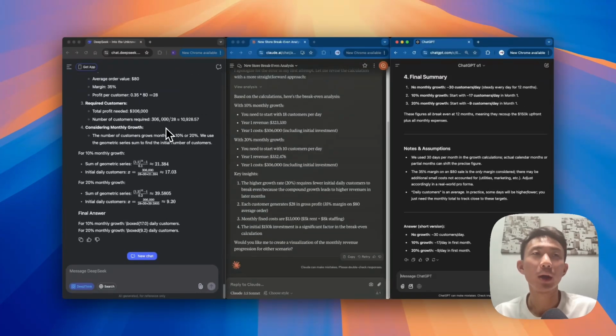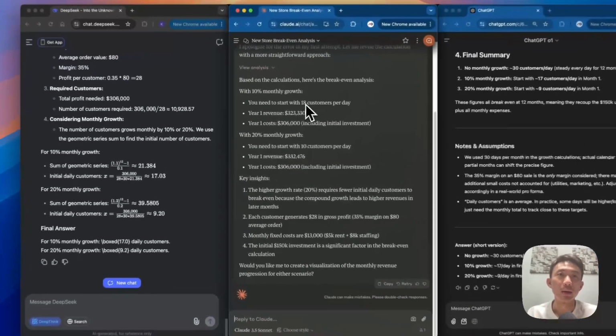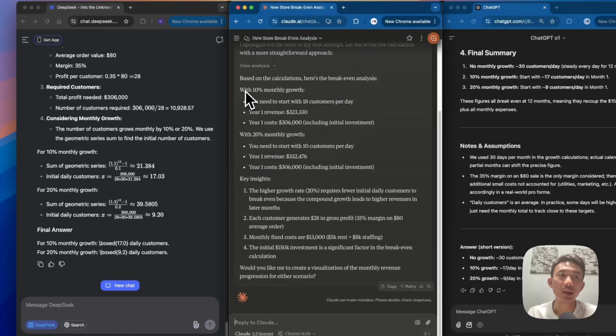Right, we got all the answers from DeepSeek and Claude and GPT-o1. Basically, the answers are all the same, I would say. I think it's just rounding up or down. For example, with 10% monthly growth, it'll be 18 customers. So basically, it's just rounding up from 17.03 and 10 customers for just rounding up from 9.2.